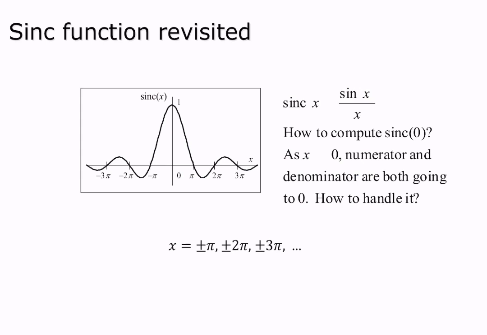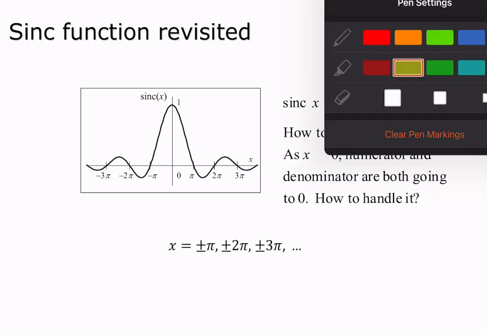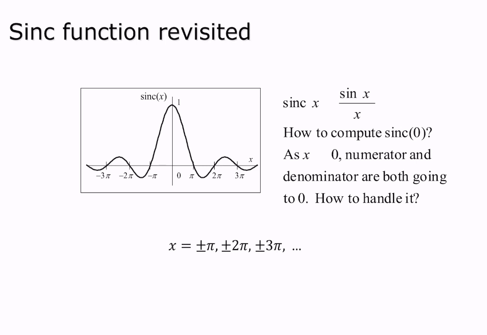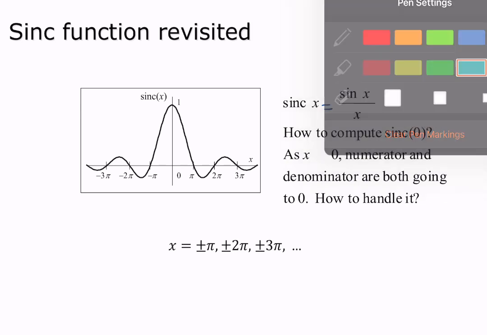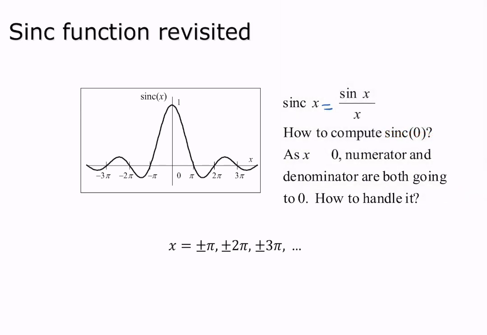Okay, so the Sinc function. We've seen the Sinc function a couple of times before, but we've never actually looked at any of its properties. Different textbooks and different websites will define it slightly differently, but basically a Sinc function is sine x divided by x, or sine t divided by t.